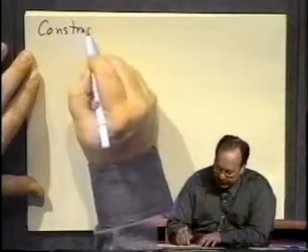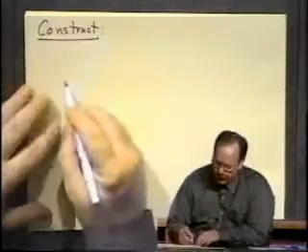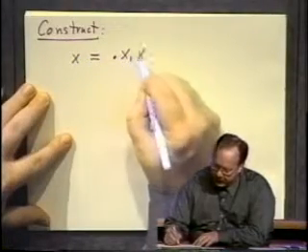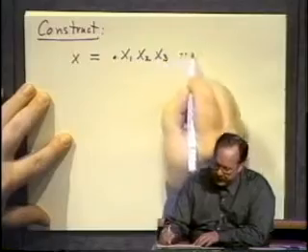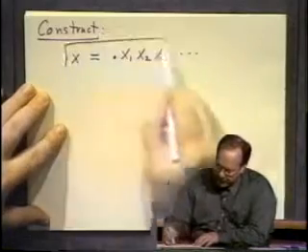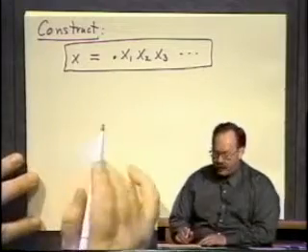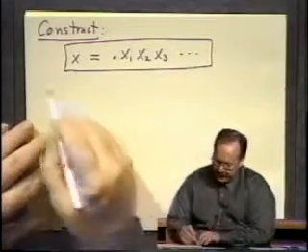Let me build the decimal I said I would build. So we'll construct the number x, which will be the decimal point x1, x2, x3 out to infinity. So this is the decimal I'm about to construct. Now let me tell you how I'm going to choose the x1, x2, x3.